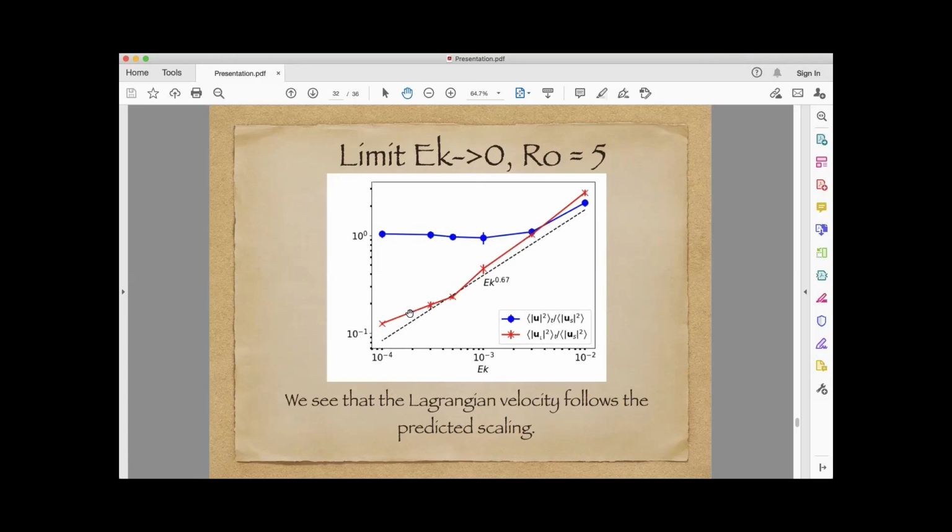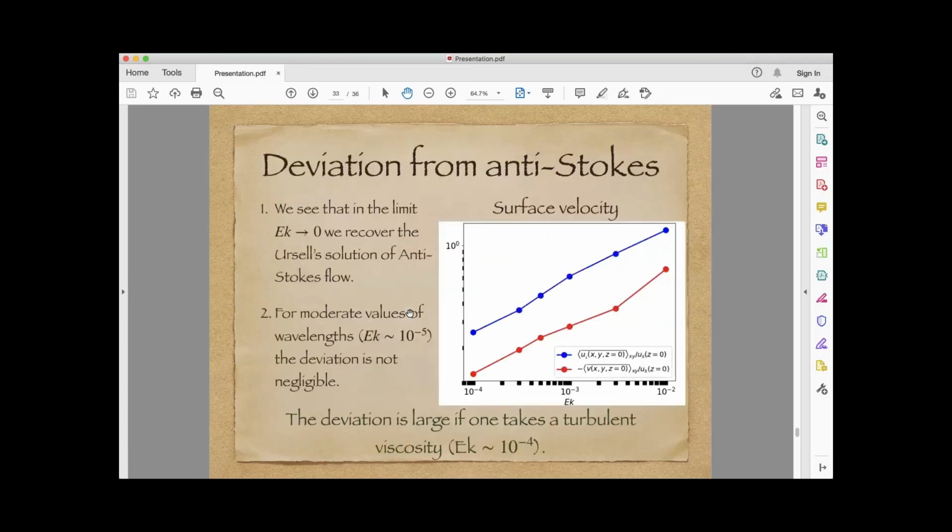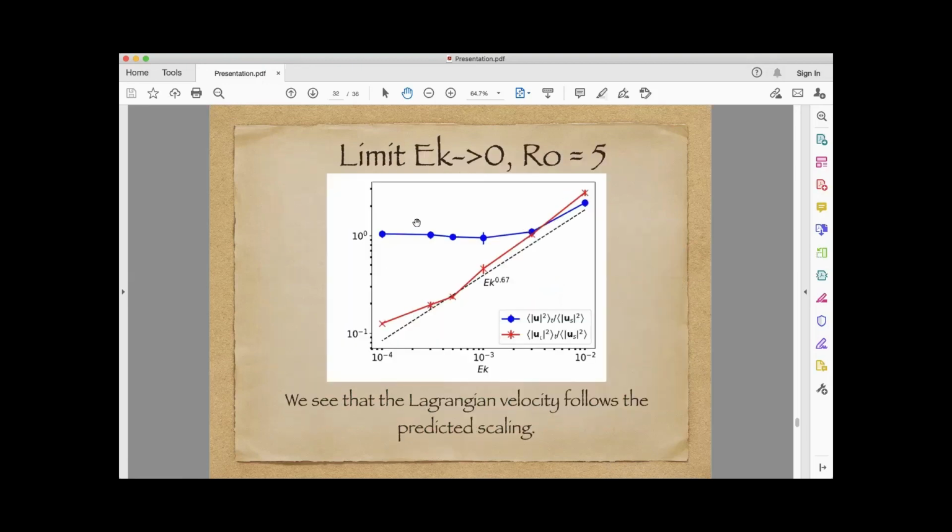So the Lagrangian velocity field follows the predicted scaling, and in order to understand whether it has any implication for the transport properties, we do find that UM square over US square goes to 1, meaning that UM is of the order of US.